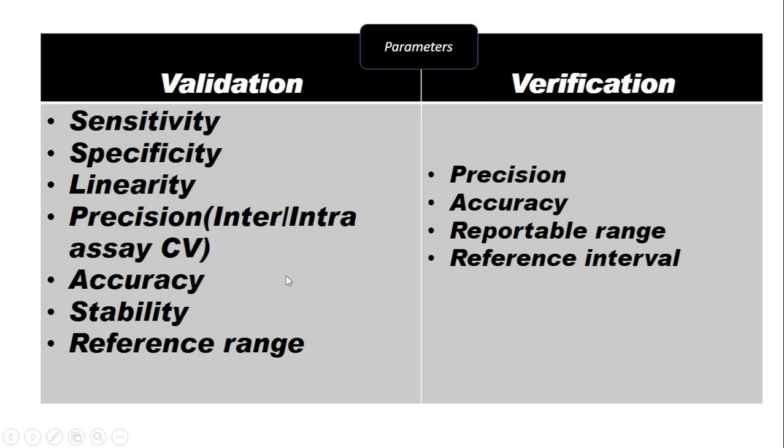These are some major parameters. There are others also, so they must meet the requirements. And for verification, precision, accuracy, reportable range, and reference interval must be addressed. We'll talk about them later.